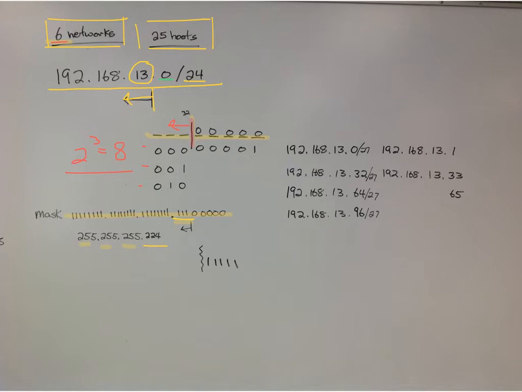How did we get that? 128, 64, 32. 224. Right? We add those up. Okay. Then we start writing out the addresses.